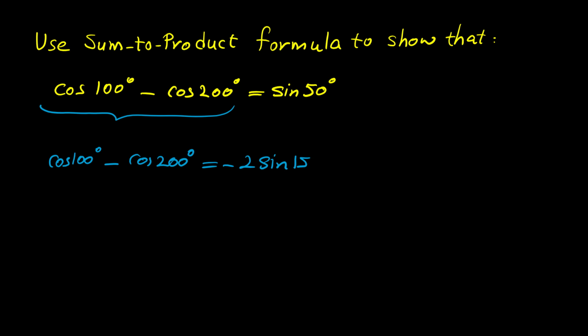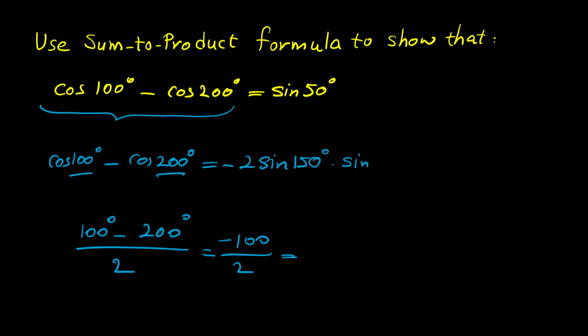Then sine of the difference of the angles. 100 minus 200 divided by 2 would be negative 100 over 2, which is negative 50 degrees. So sine of negative 50 degrees.